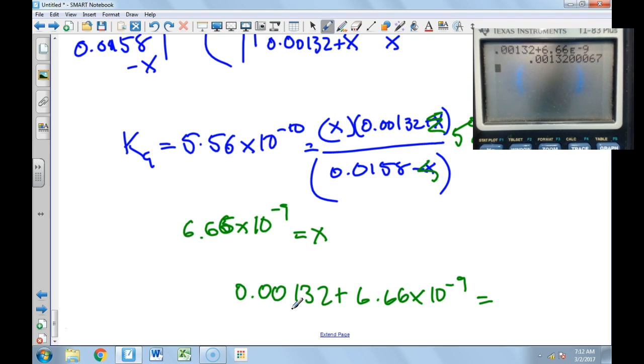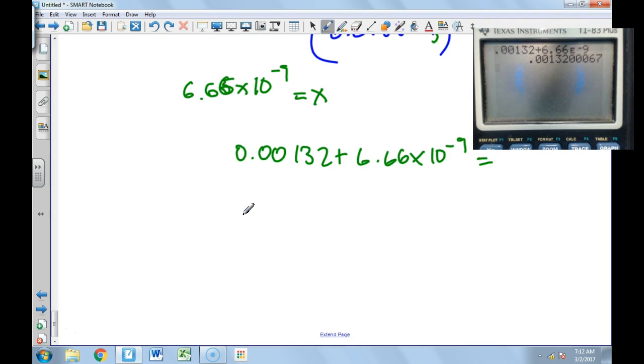Okay, so it's going to be 0.00132, which is a chemical principle that the strong acid, or the strong component, will completely outweigh the weak component when you have a mixture of acids.